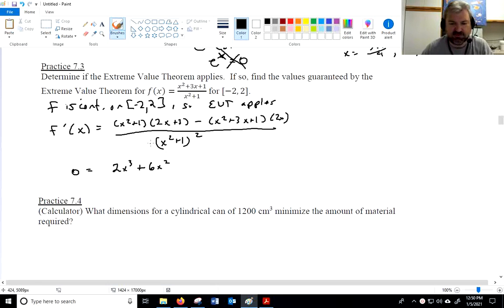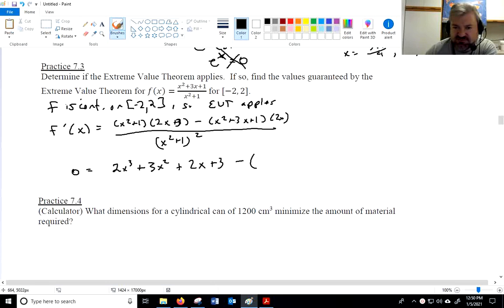Oh, not 6x squared, 3x squared, right? Yeah, the derivative of the top is 3. So 3x squared, and then plus 2x, and then plus 3. And then here, keep that negative.